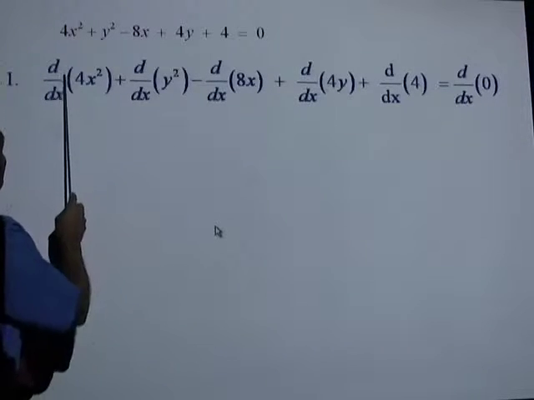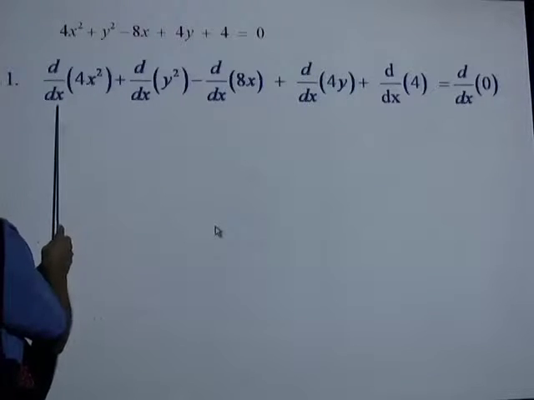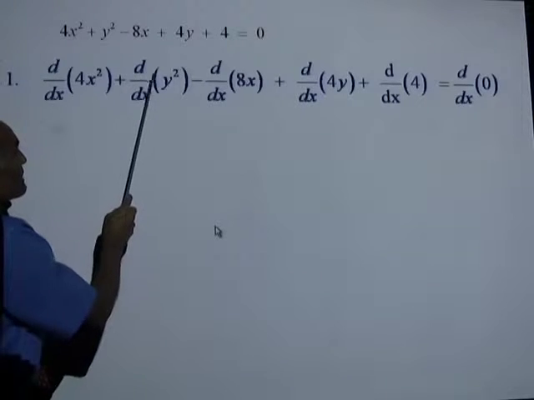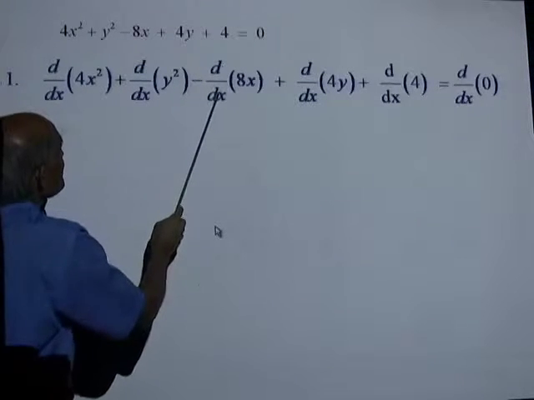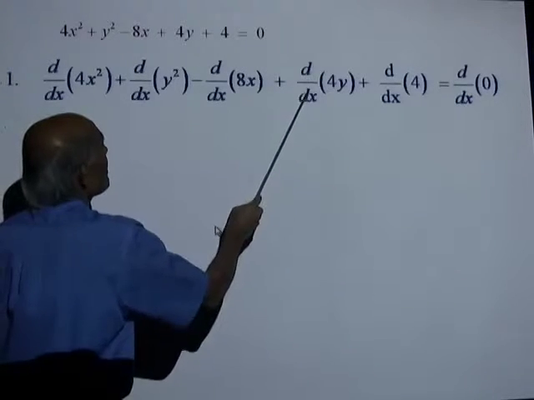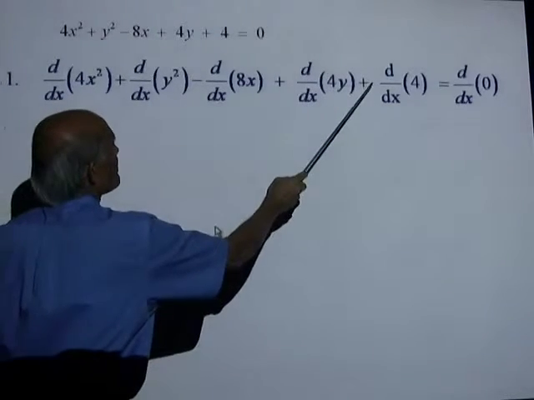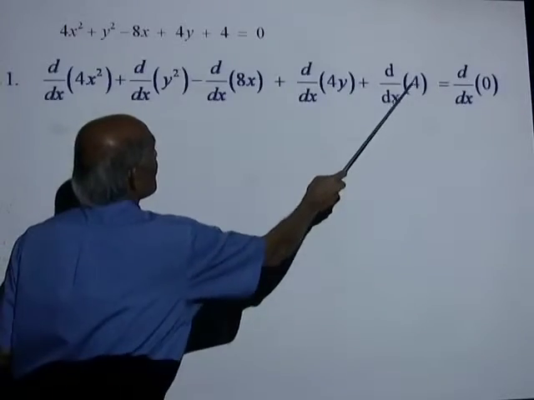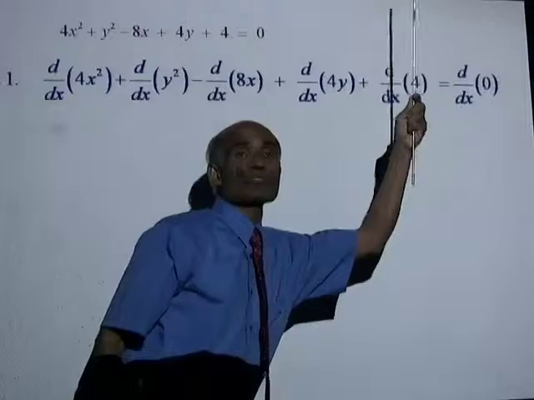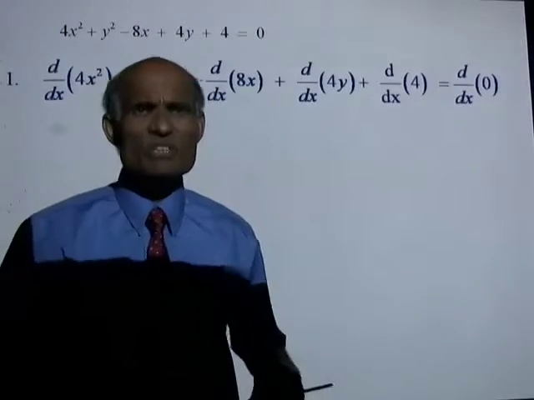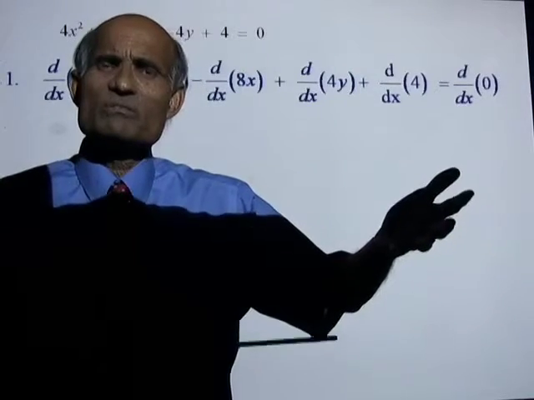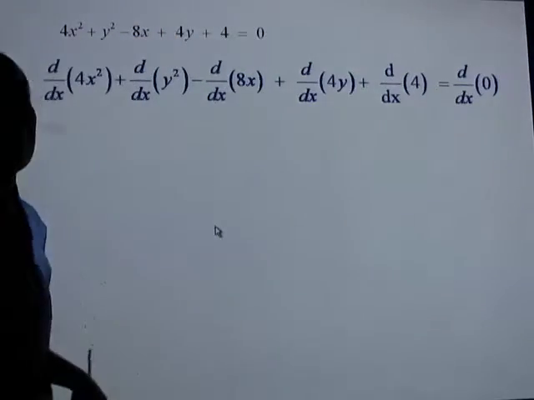So derivative of 4x squared with respect to x plus derivative of y squared with respect to x minus derivative of 8x with respect to x plus derivative of 4y with respect to x plus derivative of 4 with respect to x equal to derivative of 0 with respect to x. What is derivative of 0? The rate of change of 0 is 0. All right?